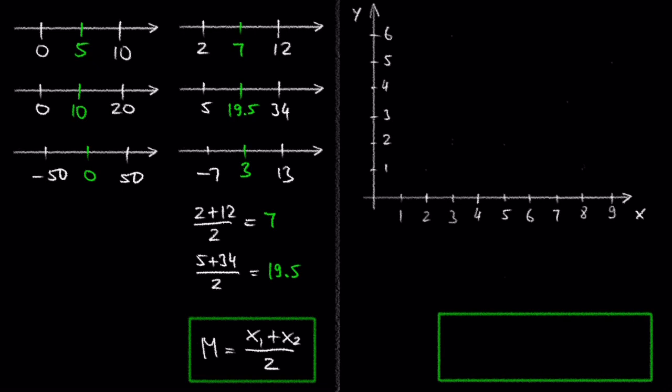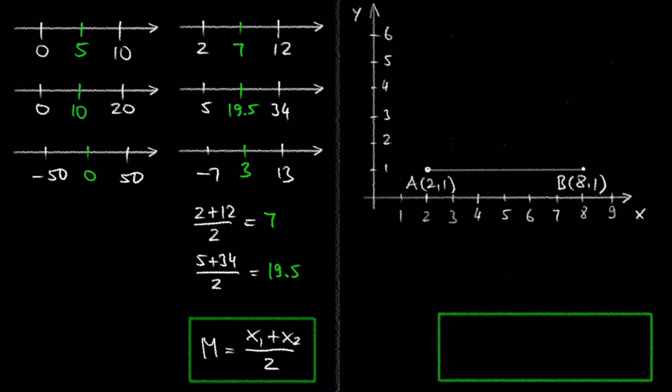Let's say we have the points A (2, 1) and B (8, 1). To find the midpoint of these two points is simple. We just handle this like we did it with numbers on the number line.